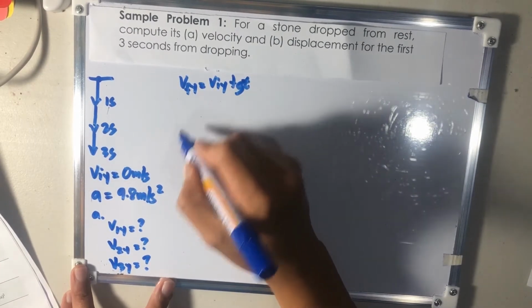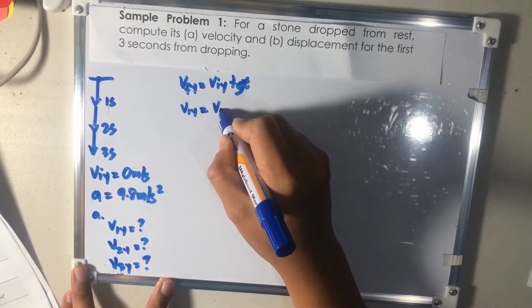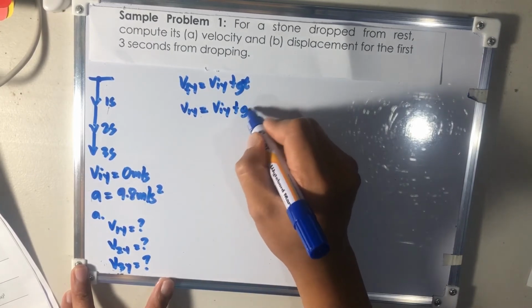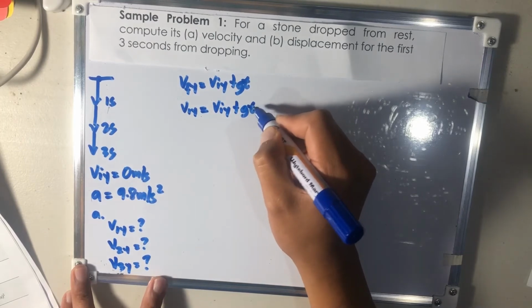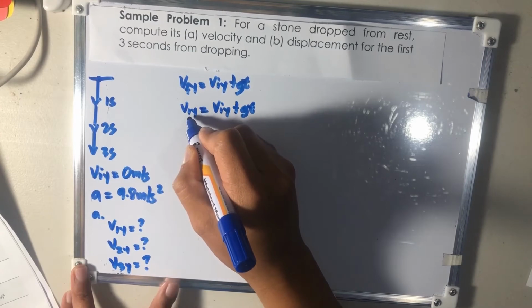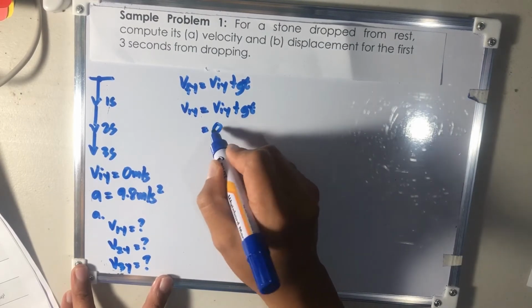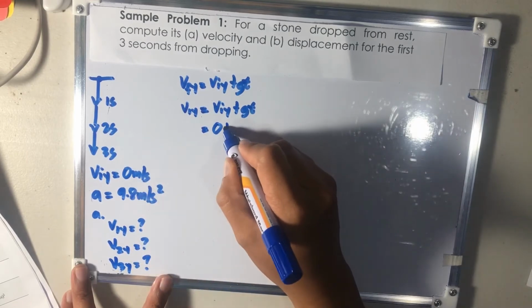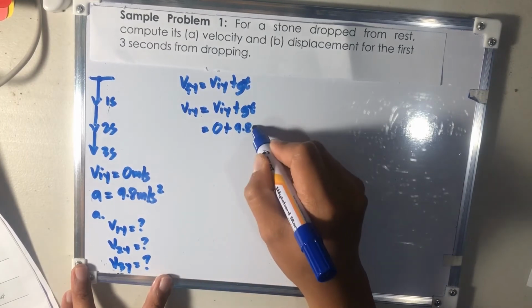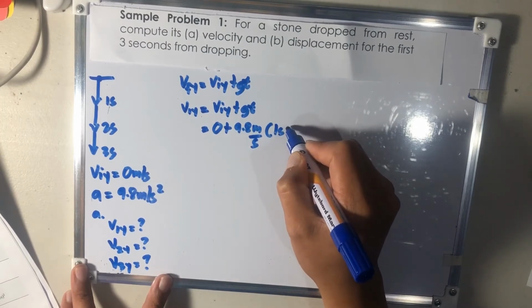So solving now for V1y. V1y is equivalent to Viy plus Gt. Take note that the time is equivalent to 1 second, since we are looking for the final velocity after 1 second. So this is 0, since the initial velocity is 0, plus 9.8 meter per second squared, multiplied by 1 second.